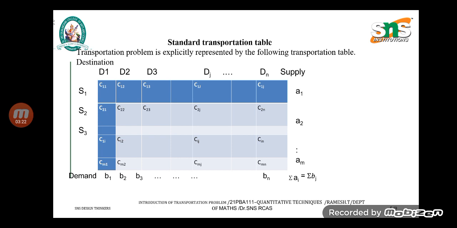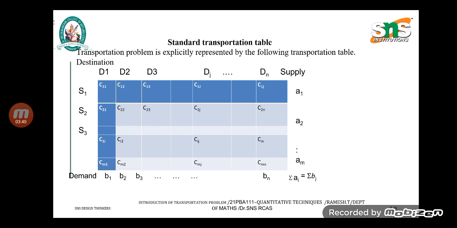Here the standard transportation table is shown. The transportation problem is explicitly represented by the following transportation table. Here we have the destinations and supply. The destinations are D1, D2, D3, up to Dn, so there are n destinations.